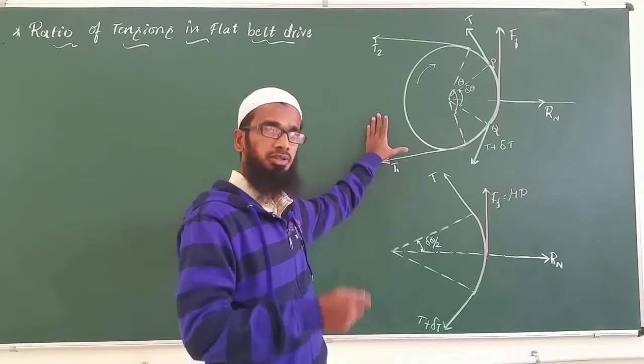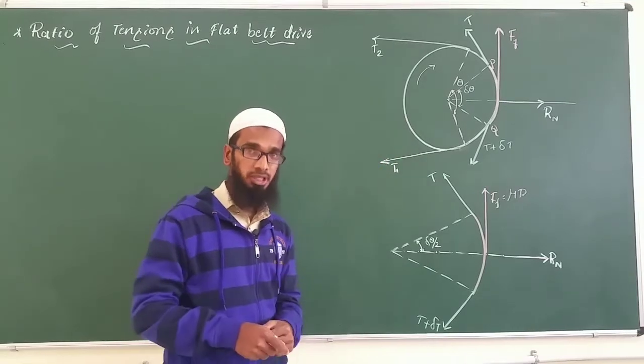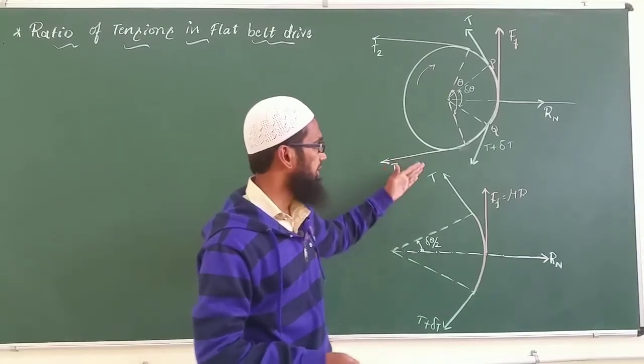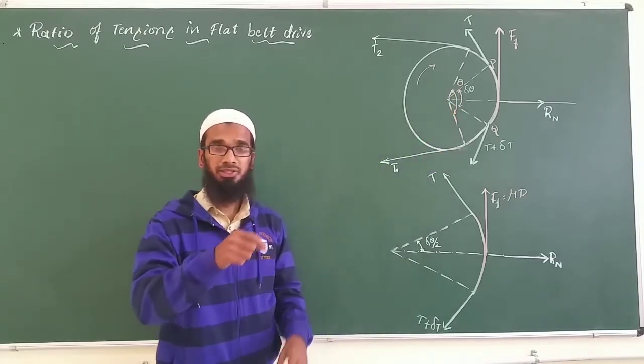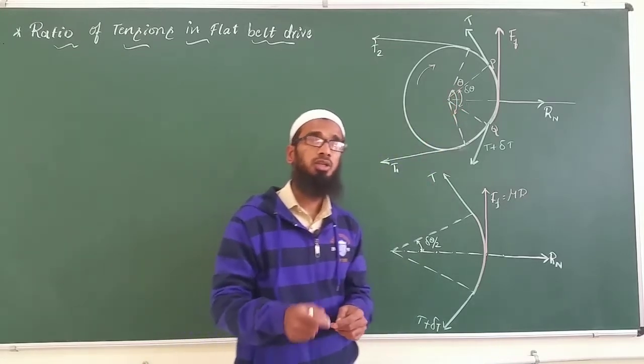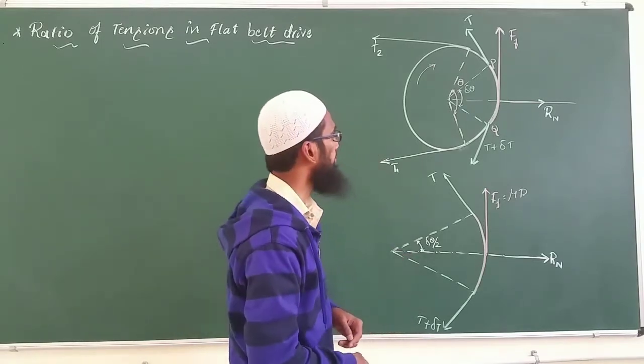Here I have considered the driven member of an open belt drive condition. In this case, theta will be the angle of contact where the belt is in contact with the driven member, the smaller pulley here.